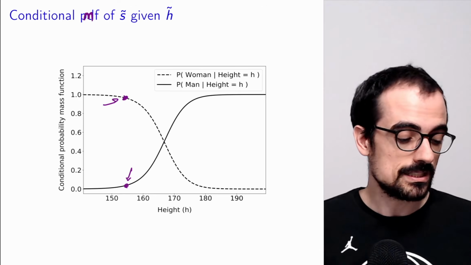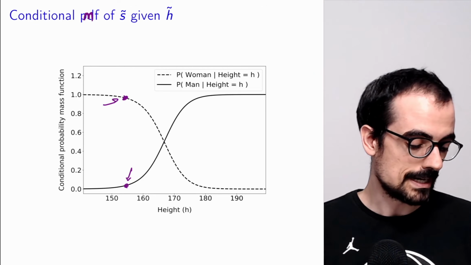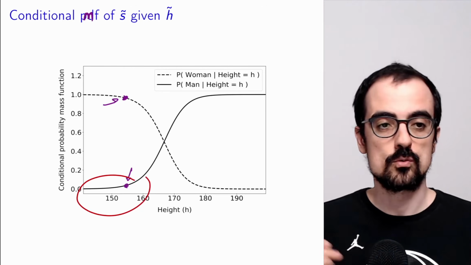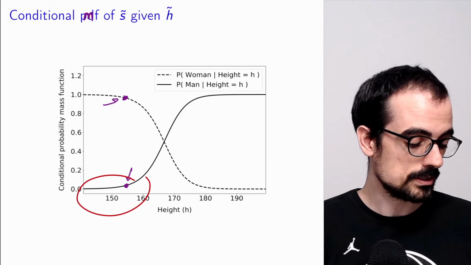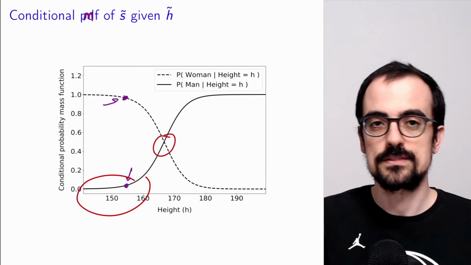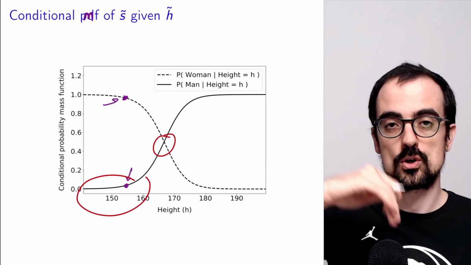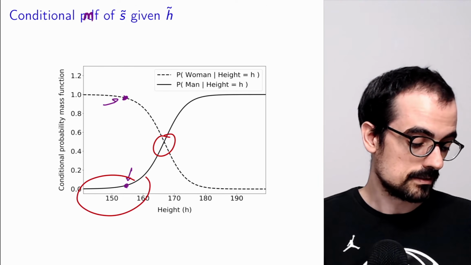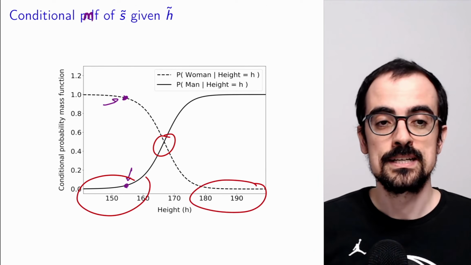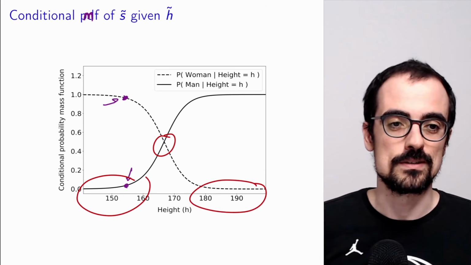It actually looks very reasonable, right? Because for small values of height, the probability of woman is very high, probability of man is low. There's a point where it's kind of 50-50, because that is where the two conditionals overlap. And when height is large, then the probability of man is much higher than the probability of woman.